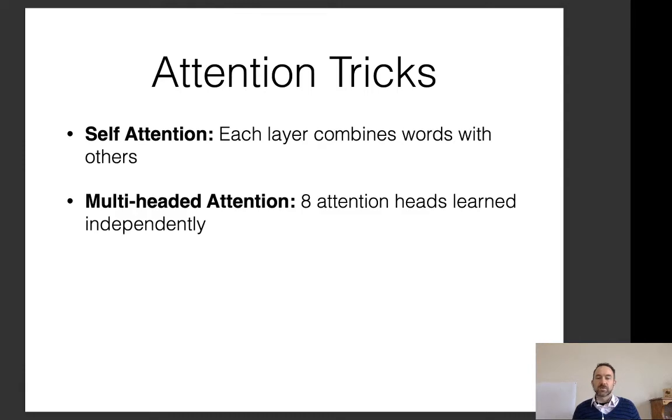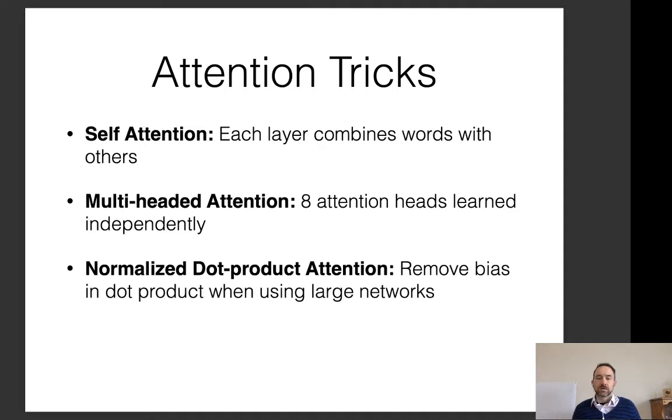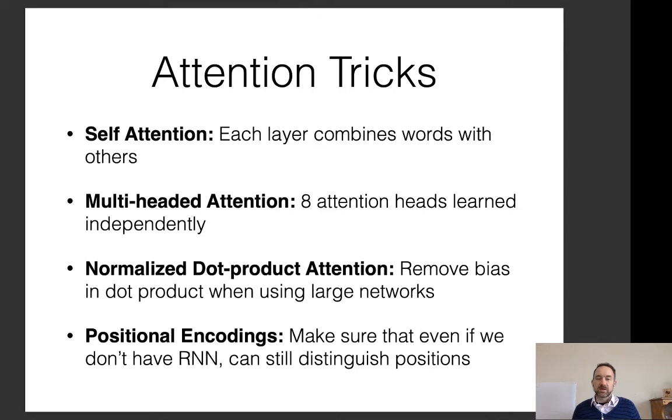It also uses multi-head attention, so it could use 8 attention heads, for example, all initialized randomly and learned jointly together with the model. It uses normalized dot product attention, as I mentioned before, and it uses positional encodings. These positional encodings are necessary when you're using attention in this way, because otherwise you couldn't distinguish between two identical words that appear in different parts of the sentence.